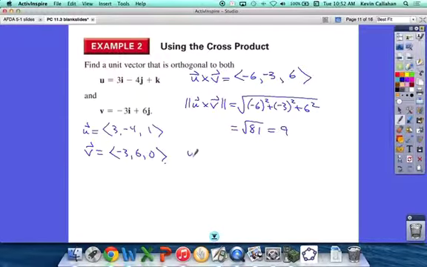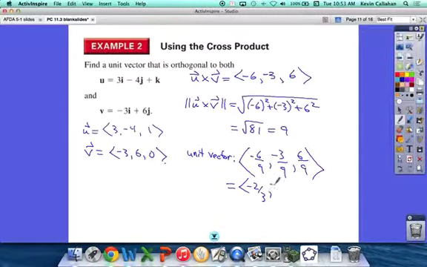So the unit vector is -6 over 9, -3 over 9, 6 over 9, which of course we would simplify as -2/3, -1/3, 2/3. Good.